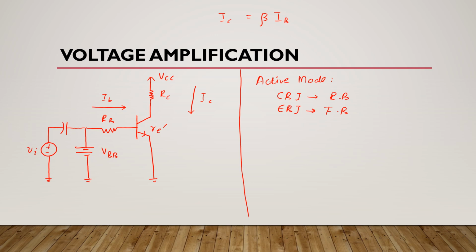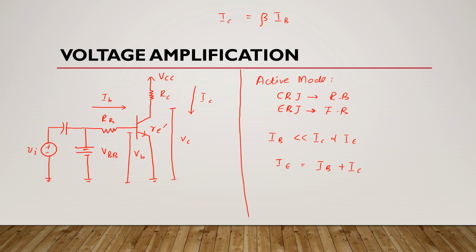Here we have AC base voltage in this region, which is VB, and we have AC collector voltage in this region, which is VC. In the case of transistors, base current is very small as compared to collector current and emitter current, and we know that emitter current is equal to IB plus IC.